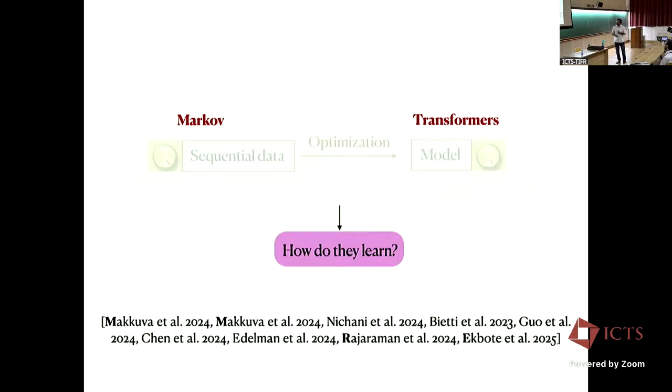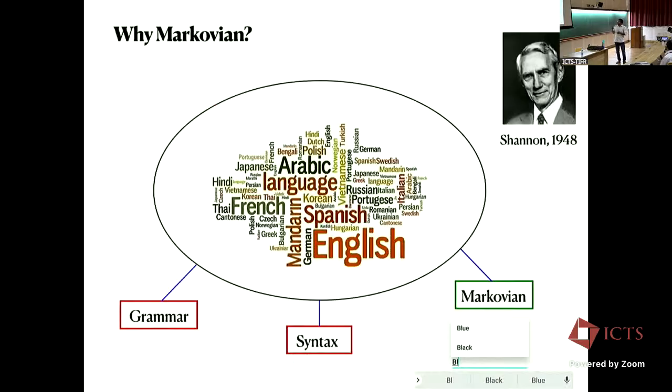Why specifically Markovian? As I alluded to yesterday, it is one of the principled ways to look at languages. Languages exhibit many kinds of structure, like grammar and syntax, but to some extent they are also Markovian, in the sense that if you know the past few characters in a word, or maybe the past few words in a sentence, with reasonable accuracy you can predict the next one.